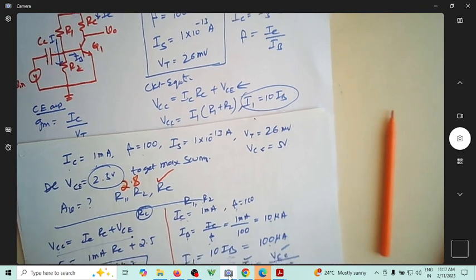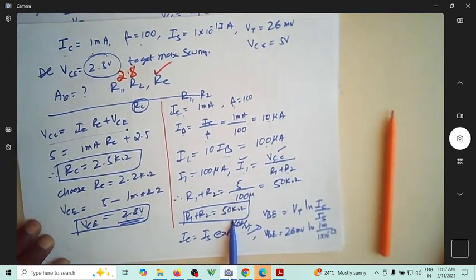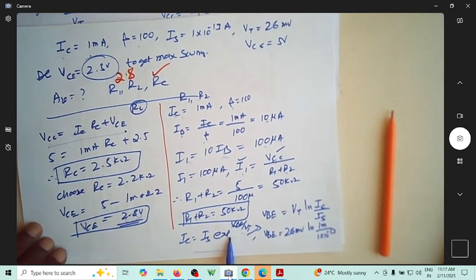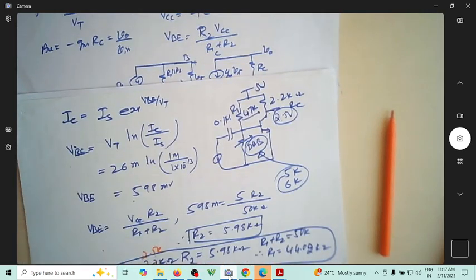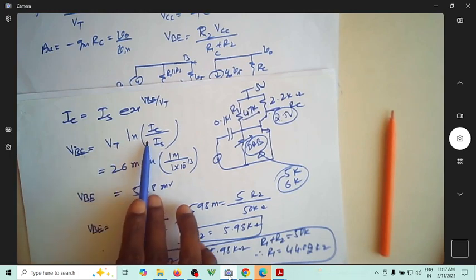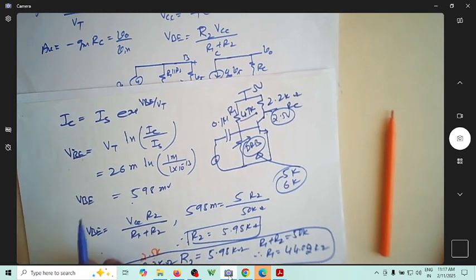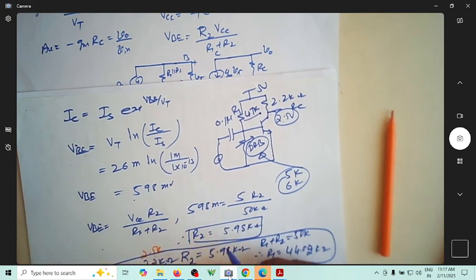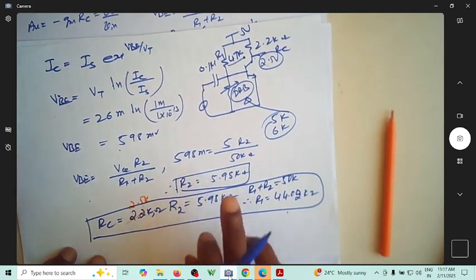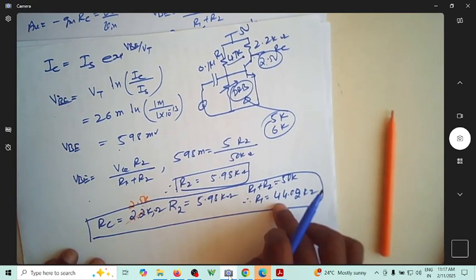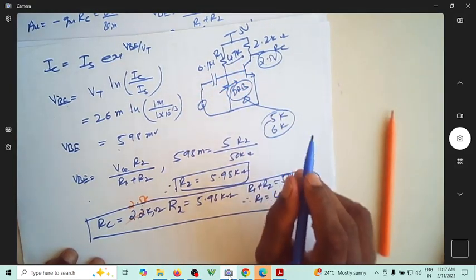So R1 plus R2 comes out to be 50 kilo ohm, and then we have another expression for VBE, which is in this form. When you equate both the equations, you get the value of R2 and then R1 also you can find out. So you can use these values.